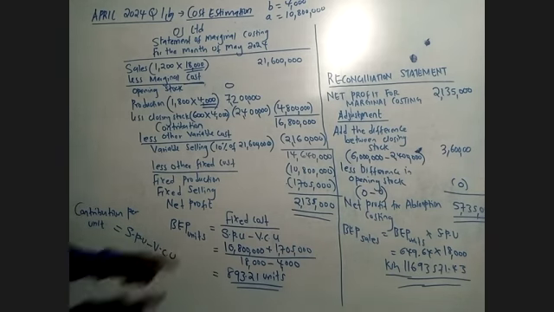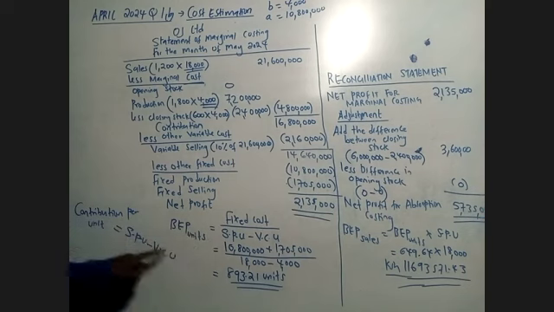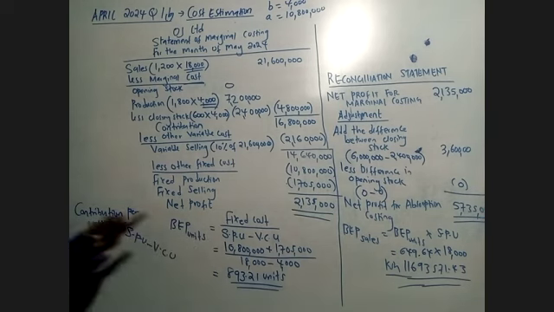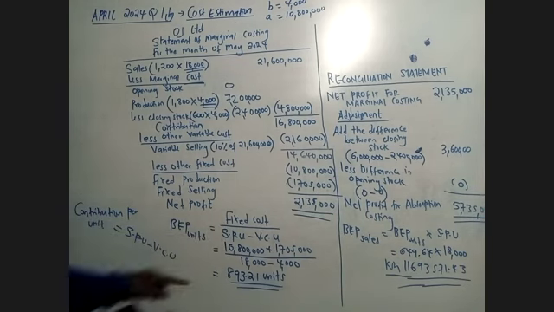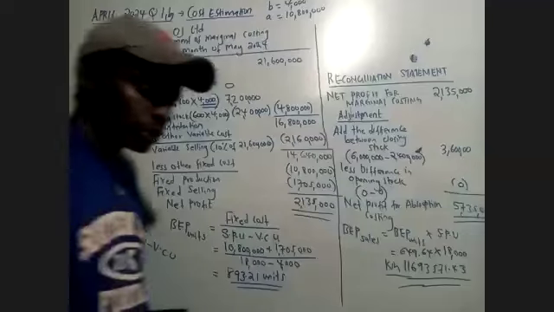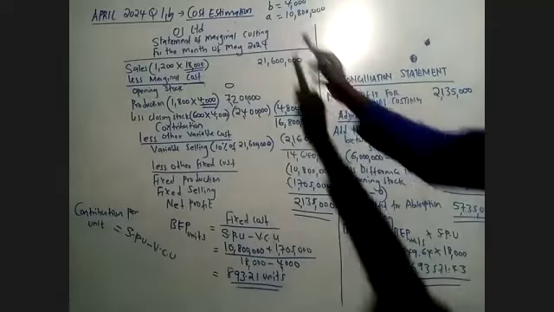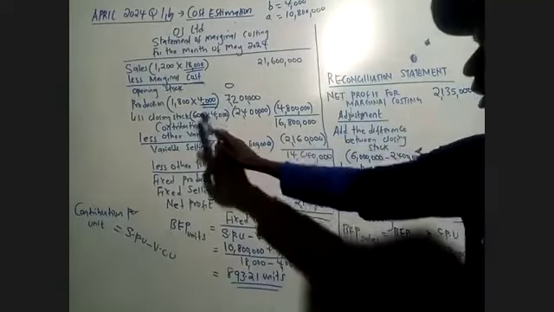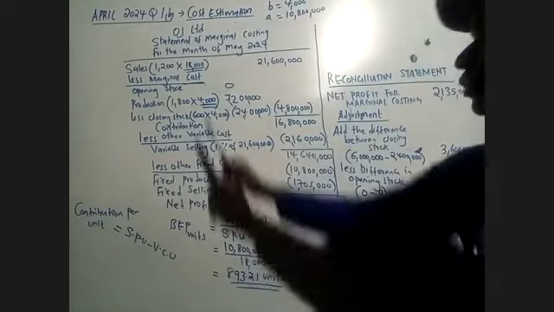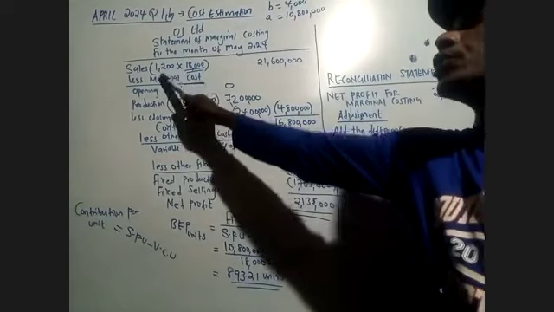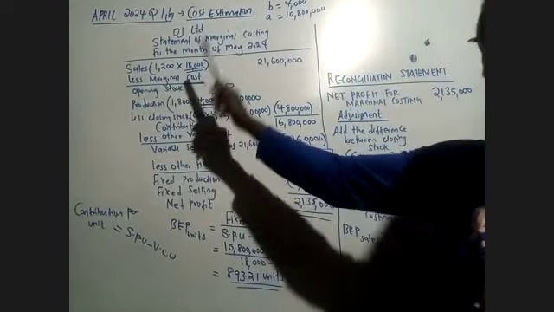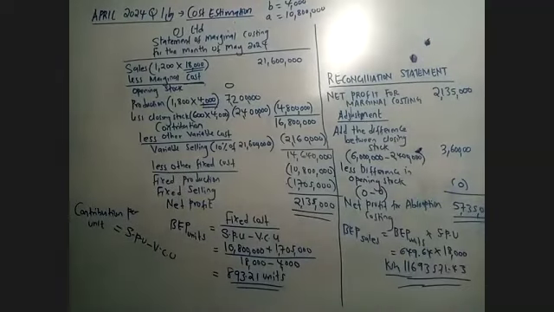Kumaanisha fixed cost divided by contribution per unit. Na variable cost ndio hii 4,000, na selling price per unit was 18,000. Tuko sawa hapo?